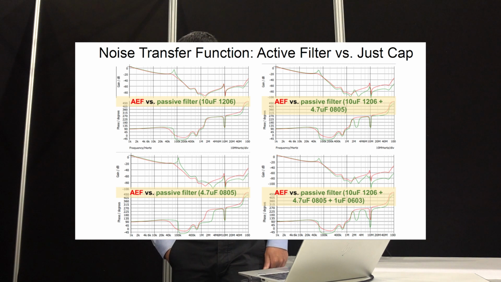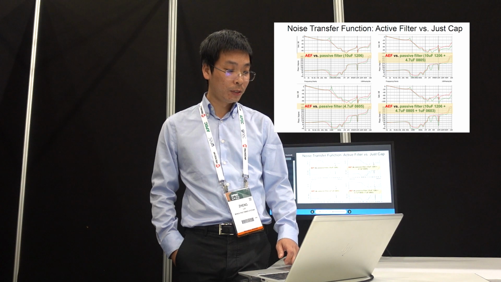So on the top left, this is with that 10 microfarad cap, and you can see the curve is almost overlapping with the active EMI filter. You can notice that in some frequency ranges the active EMI filter is better. For example, in this 80K range, it's about 5 to 10 dB better on the active EMI filter.